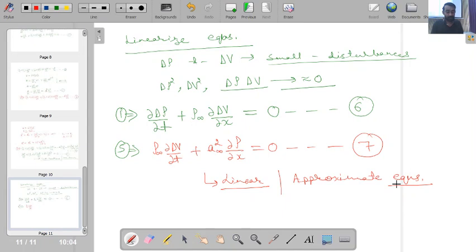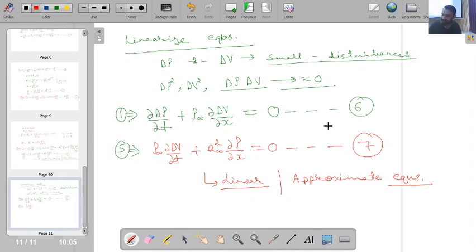These will be exact only when delta rho and delta v are very, very small. Then obviously these higher order terms will become of very small magnitude, and the equations we have now got will become exact equations for small delta v and small delta rho. Is this point clear?